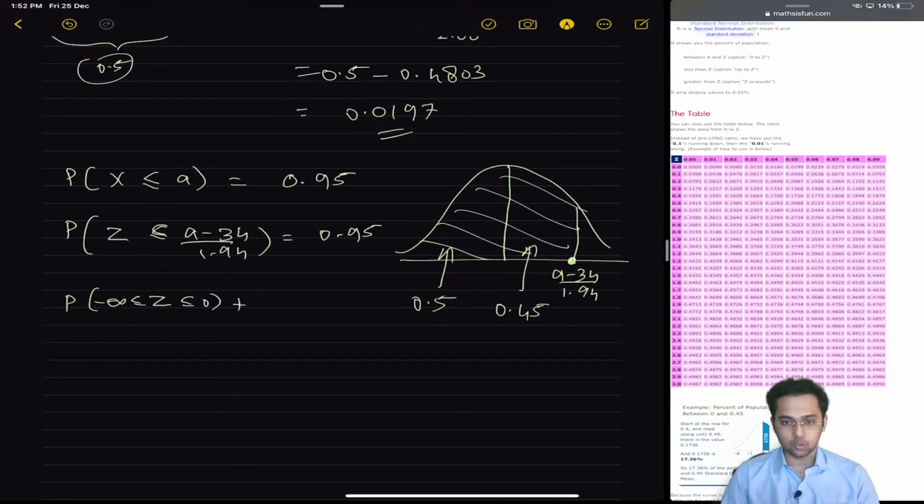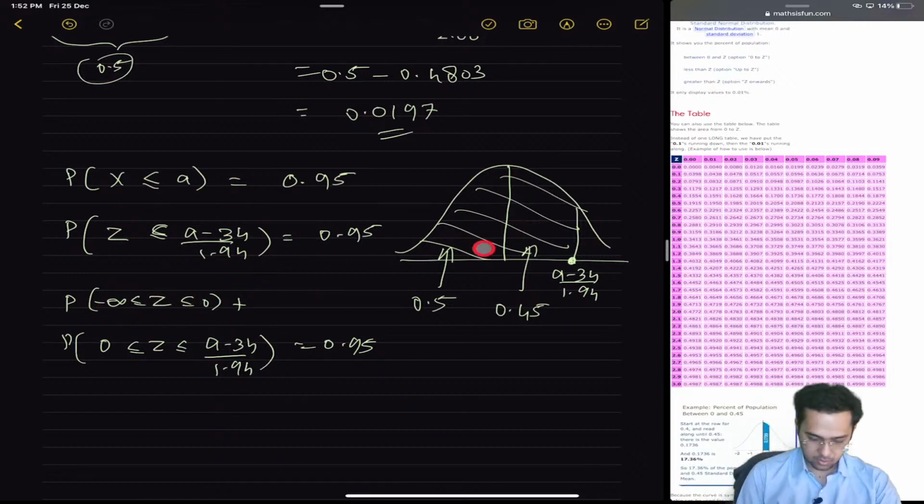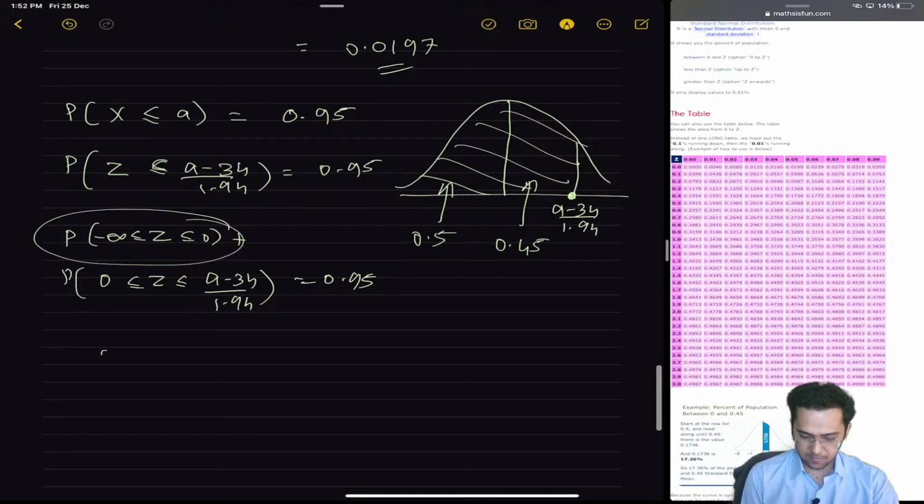So I just wrote this as a bifurcation. मतलब ये पूरे एरिया को मैंने दो पार्ट में तोड़ा. One is the 0.5, another is the other region from 0 to the requisite point. So we know this is simply 0.5 plus probability of ये जो value होता है, this is our z value of a minus 34 upon 1.95 is 0.95.